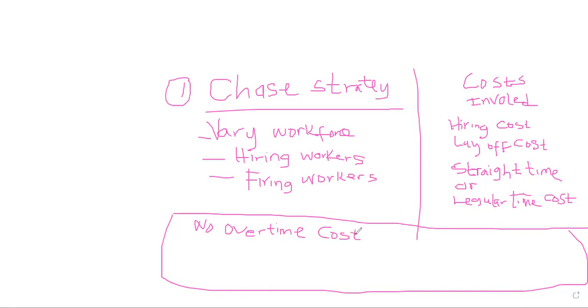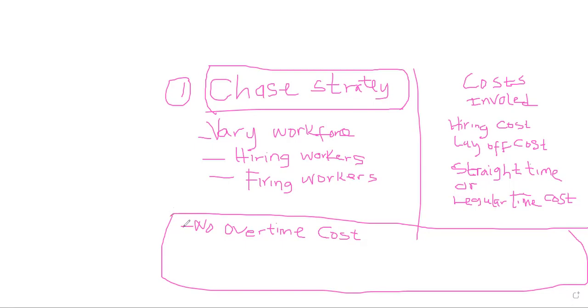For this strategy, you don't want to maintain the size of workforce. You only need to tell the maid that don't come and work, I'll be informing you when to come and work. So that maid or a garden boy will not have a stable income. You pay him as when he comes for work.